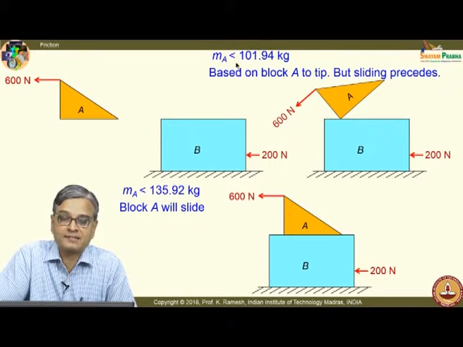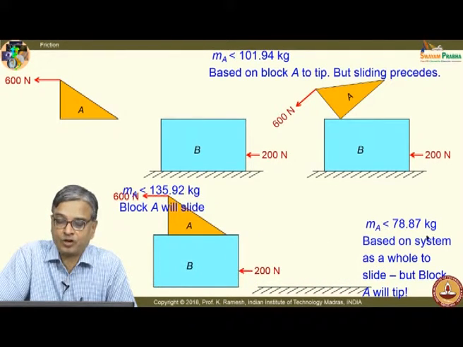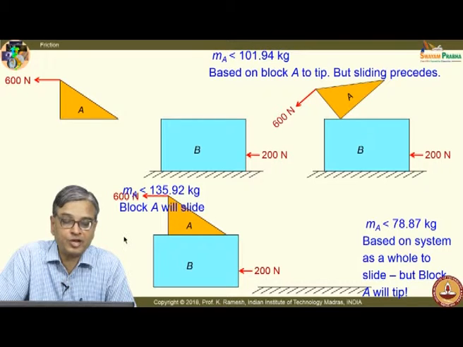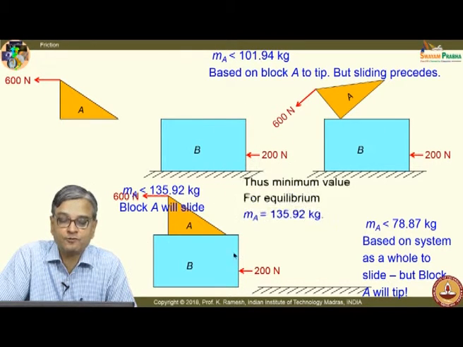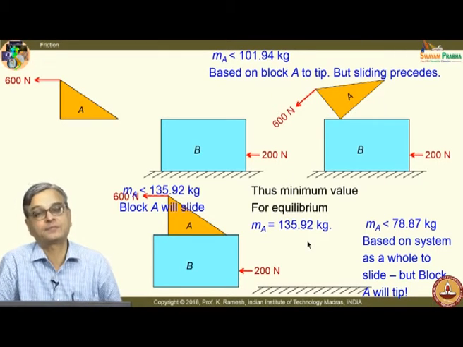I have got another answer as 101.94 kilograms. Below that it will tip. If it is 78.87 kilogram, the block will slide, but we have seen from this answer that the block will tip. So, the minimum value for the system to remain in equilibrium turns out to be 135.92 kilograms.